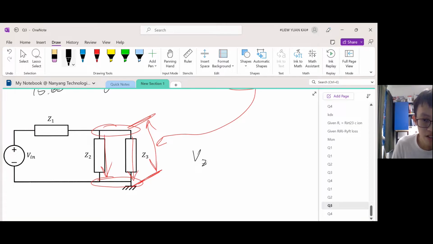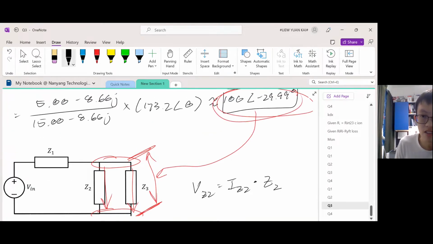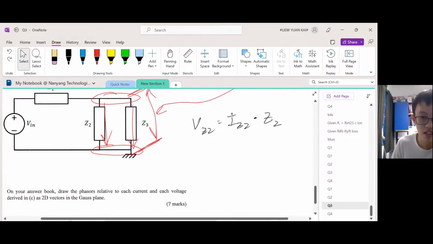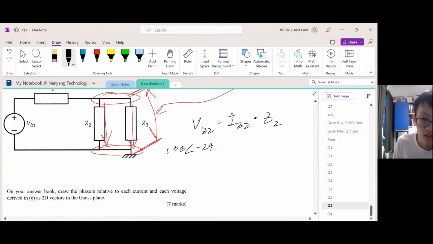So V of Z2 is given by I of Z2, which we want to find, multiplied by Z2. So this is Ohm's law. We're going to use this voltage difference, substitute it into VZ2. So this is what? This is unknown.